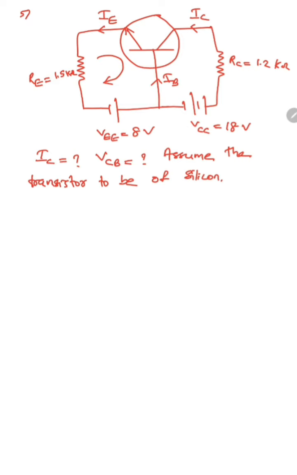What is Kirchhoff's law? The voltage source V is equal to the summation of IR. So in this loop, the voltage source is V is equal to 8 volt. Across RE there is a voltage drop, and across the emitter base junction also there is a voltage drop.